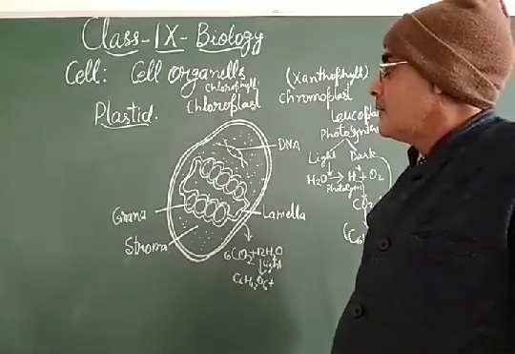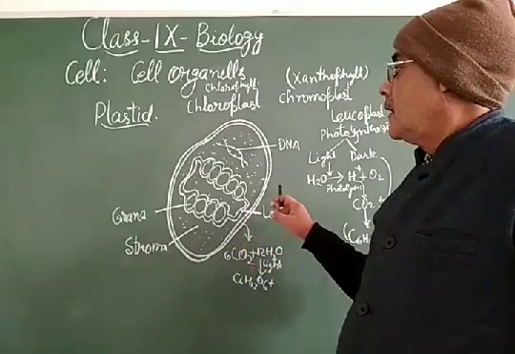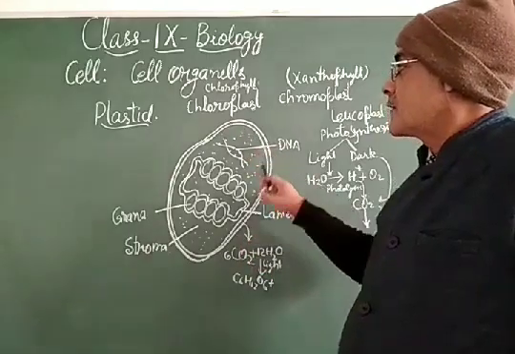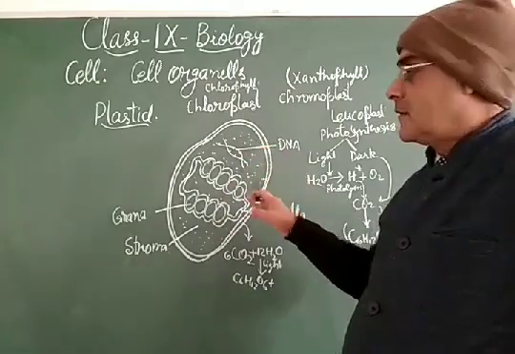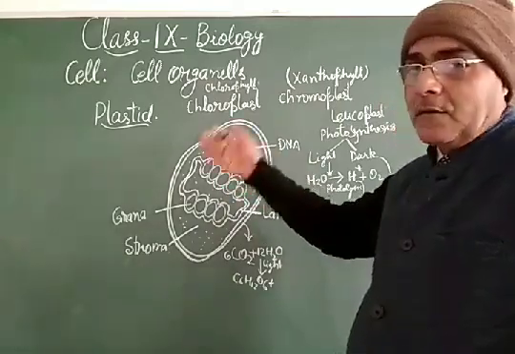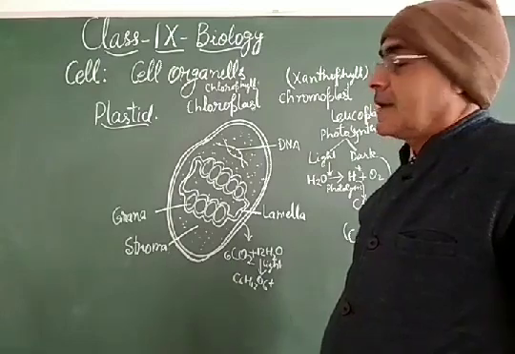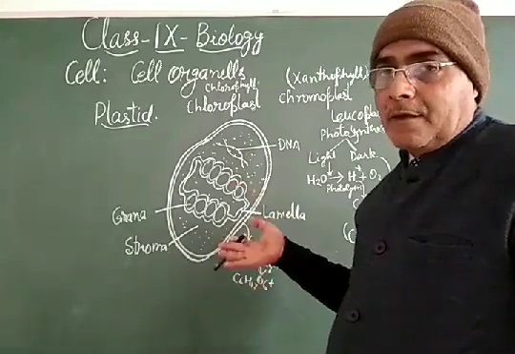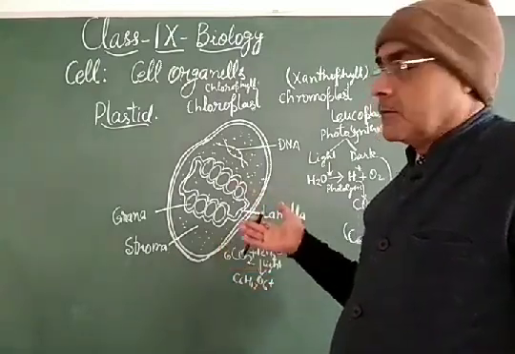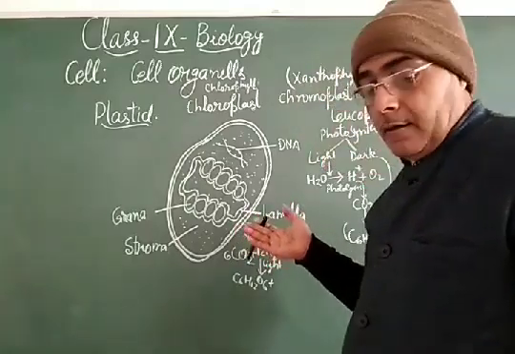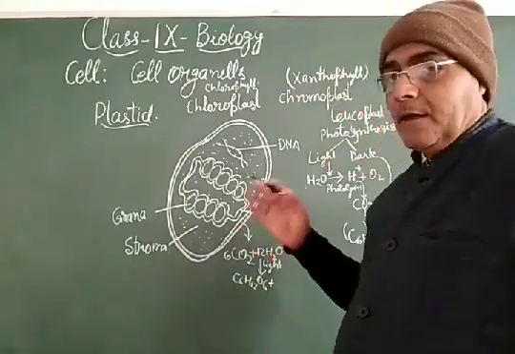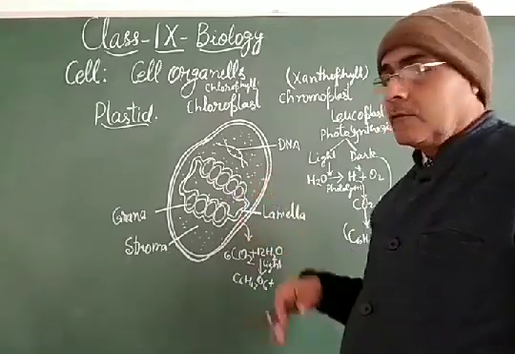That means you are studying the functions of a unit structure, the function of a cell organelle inside the cell, whether that is plastid, mitochondria, endoplasmic reticulum, ribosomes, or some other cell organelles. My dear students, let us see about the ribosomes.